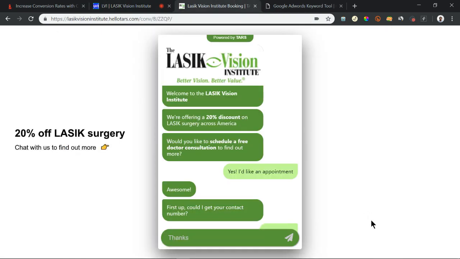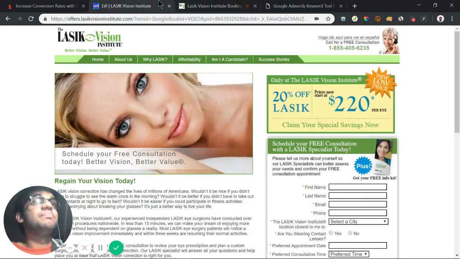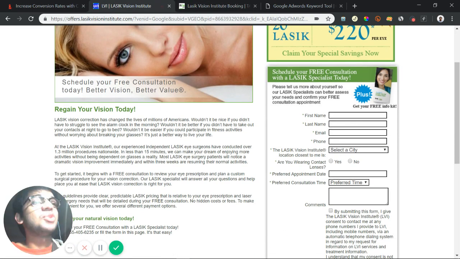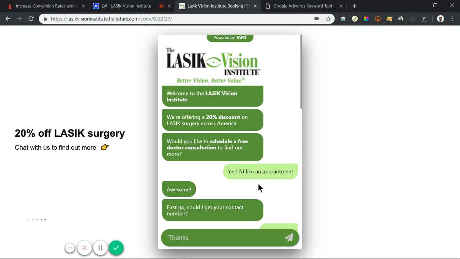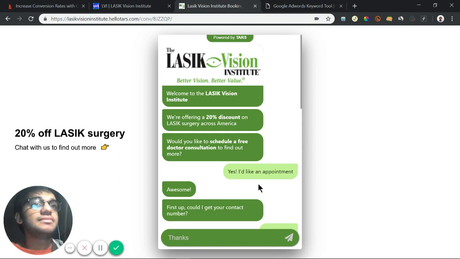And again, because it asks for the information in a back and forth way, I don't have this ugly form staring at me, inducing me to pick up my phone and scroll through Instagram instead of filling out the form. And we found that this approach tends to increase conversion rates by 2 or 3x.